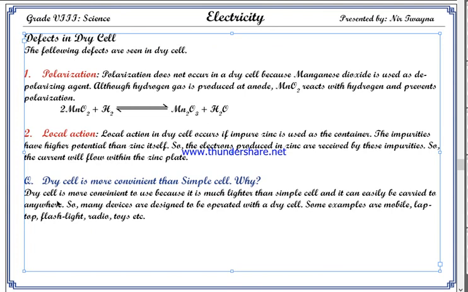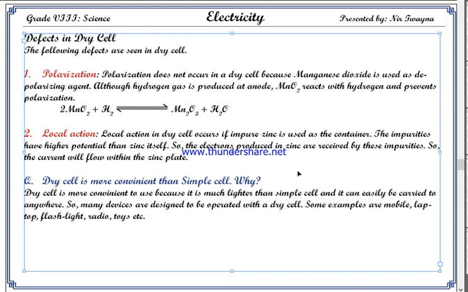Now the last point for today is that dry cell is more convenient than simple cell. Why? It is very simple. Dry cell is much lighter than simple cell. Simple cell is used in your vehicles and UPS or inverter. The batteries used in inverters and vehicles are very heavy, but dry cells are very light. That's why it is very easy to maneuver the dry cell. You can take a dry cell anywhere without any difficulty.